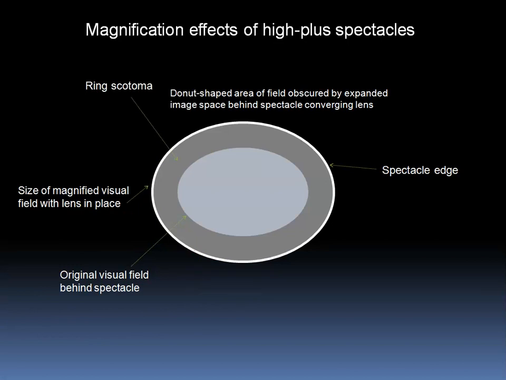In the days before lens implants with cataract surgery, patients wore aphakic spectacles that were routinely in the +10 and higher range with a significant ring scotoma effect. This jumping in and out of images into and out of the ring scotoma is called the jack-in-the-box phenomenon.